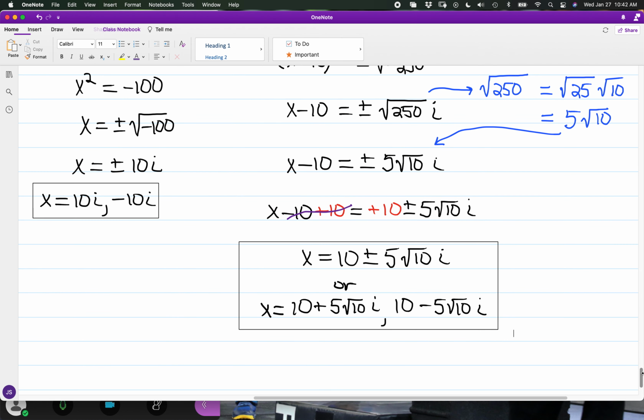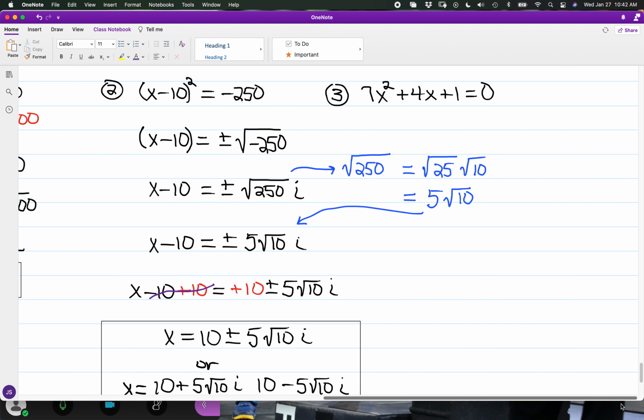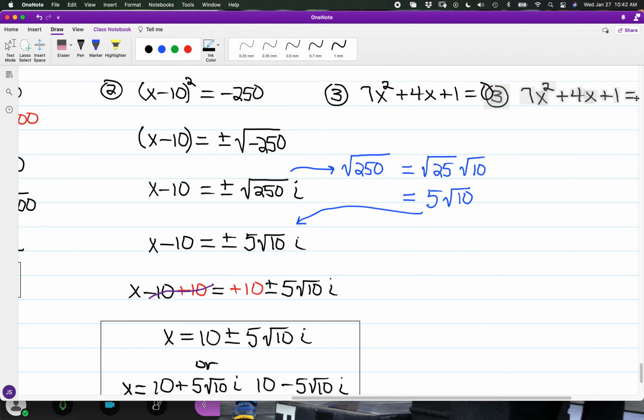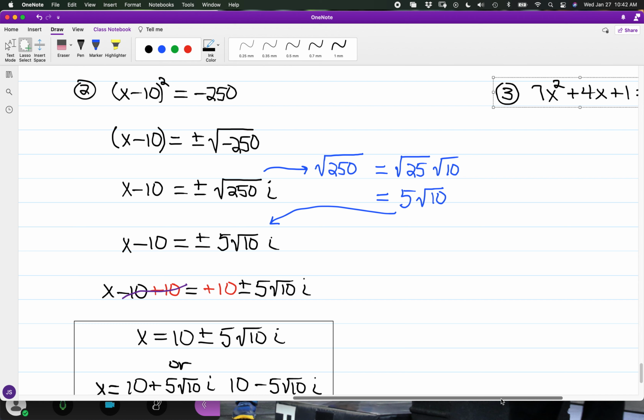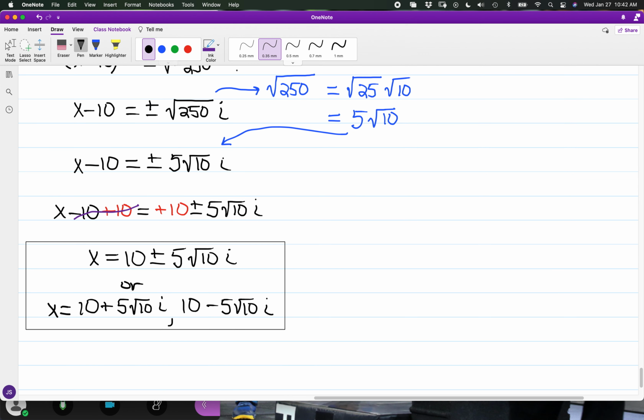Now for the last of the trio, we have 7x squared plus 4x plus 1 is equal to 0. With this particular trinomial, 7 times 1 is 7, and there are no integer factors of 7 that will add up to 4.